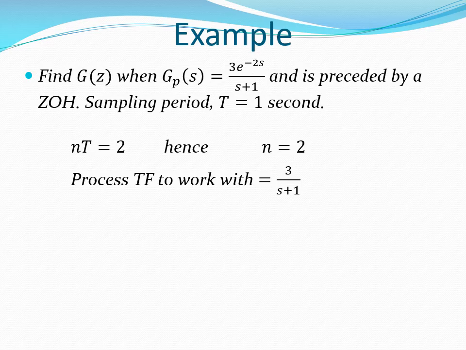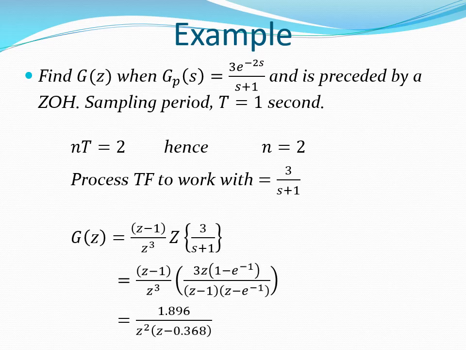Since T equals 1, this means that n equals 2. Then the process TF that we are going to work with is 3 over s plus 1. We substitute these into the general expression for finding G(z). We get our G(z) as being equal to 1.896 over z squared times (z minus 0.368).